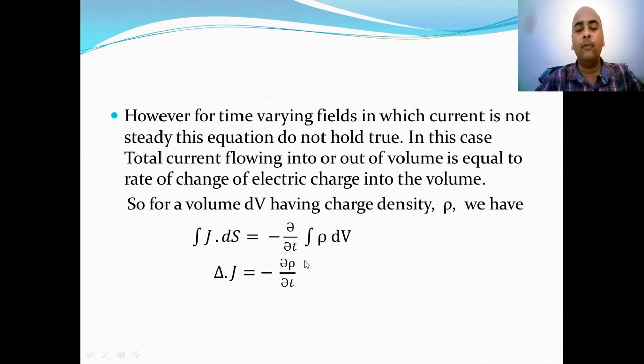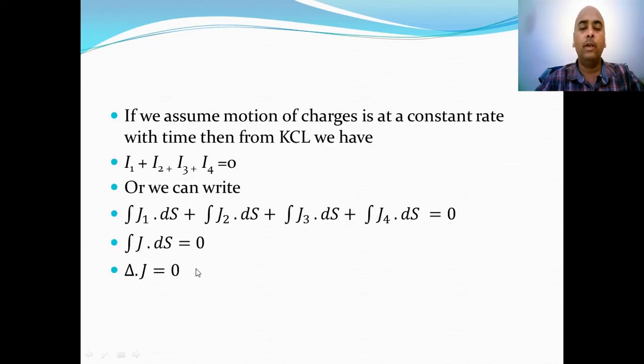So from here we conclude that for DC charges, that is, charges that are flowing at a constant rate, divergence of J is always equal to 0.